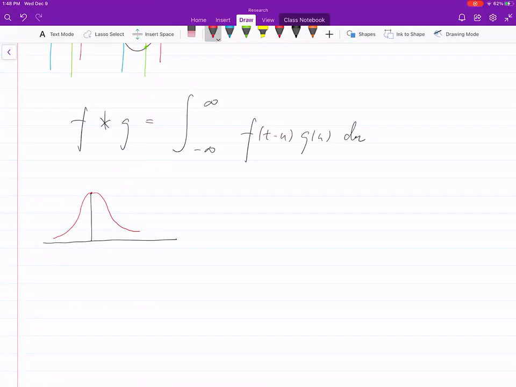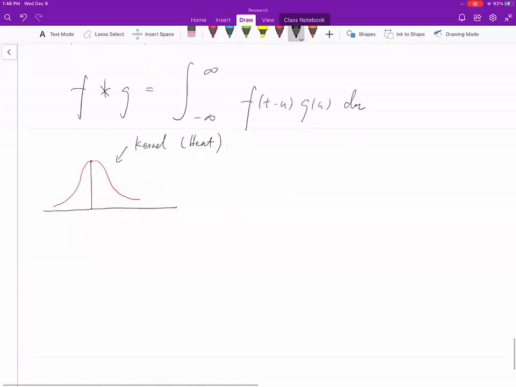Good so far? So if this is 40 degrees, if you're very close to it, you probably feel 39. But if you are very far away from it, you probably feel 1 degree from this 40 degree because you are so far away. This is usually called a kernel. That's called a heat kernel. It quantifies how much the effect decays according to how far you are from the source.